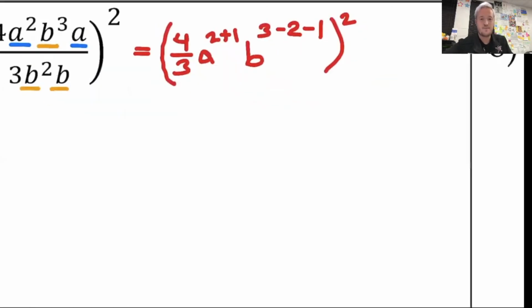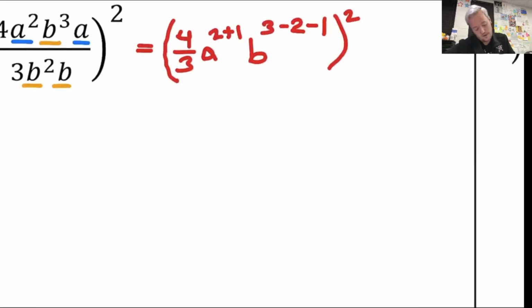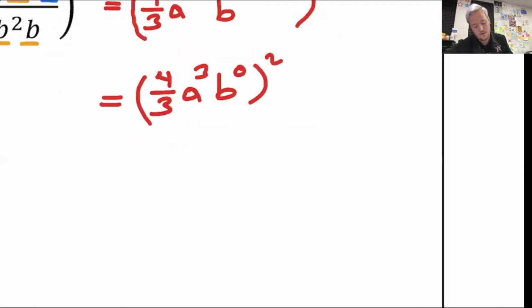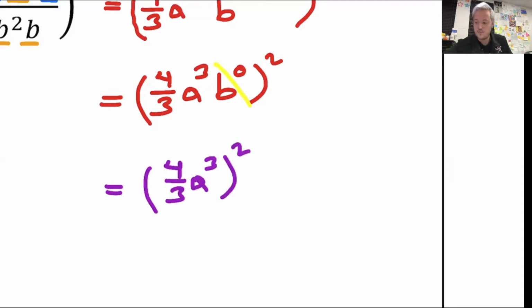All right. So next, we have 4/3, A cubed, B to the 0 power, all squared. If you remember, anything to a 0 power is just 1. So B to the 0 power just simplifies here. So all we're going to have is 4/3, A cubed, all squared.